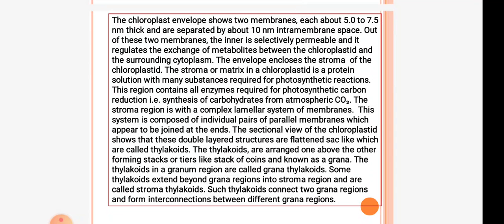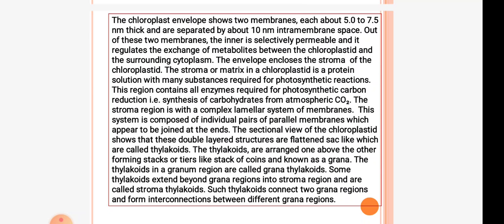The envelope encloses stroma of chloroplastid. The stroma in chloroplastid is a protein solution with many substances required for photosynthetic reactions. This region contains all enzymes required for photosynthetic carbon reduction, that is synthesis of carbohydrates from atmospheric CO2.